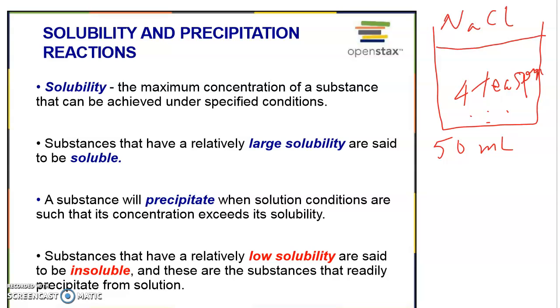And after the initial disappearing of the salt, the rest of the salt will stay there. Why? Because it reached its maximum concentration of the salt that can be dissolved in water. In other words, it reached its solubility, and therefore it cannot be dissolved anymore. It is still dissolving, but coming back to salt is the same rate as dissolving the salt.